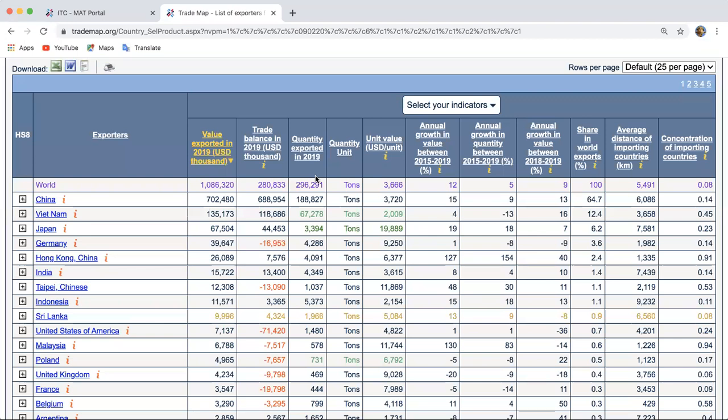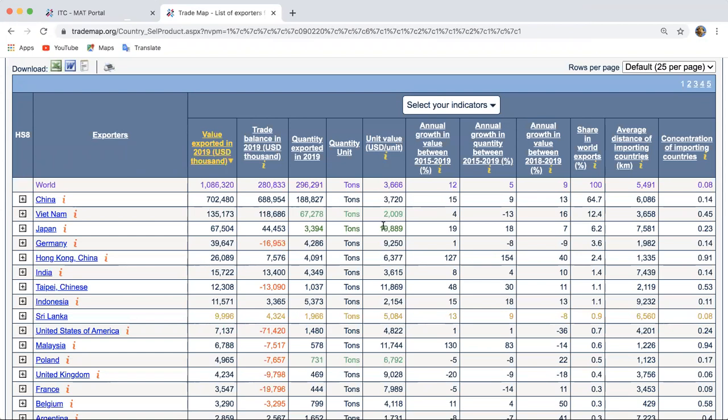And this is interesting because it can actually give you an idea of the unit value of the product for these countries. So for example, China had a 3.72 US dollars per ton of green tea.